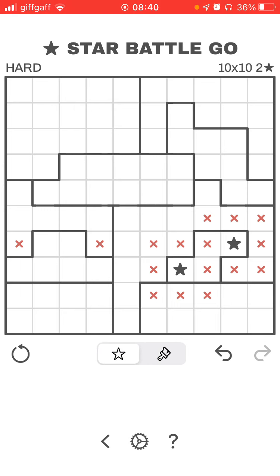What have we got next? Okay, yeah. So we've got this irregular shape here. But now we've eliminated these two, how can we carve up the remaining space into 2 by 2 regions?